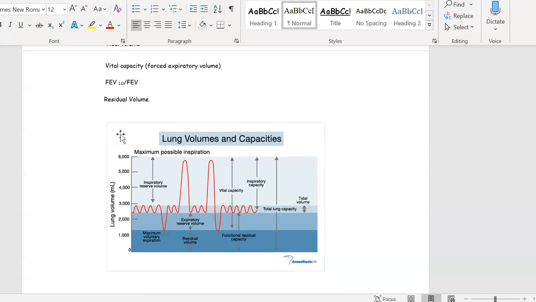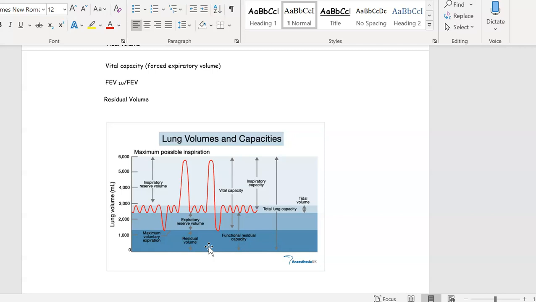Residual volume, which is represented down here, is the amount of air left in your lungs after maximal expiration. So even though you've blown out all your air, there is still air left in there, and that is called the residual volume.